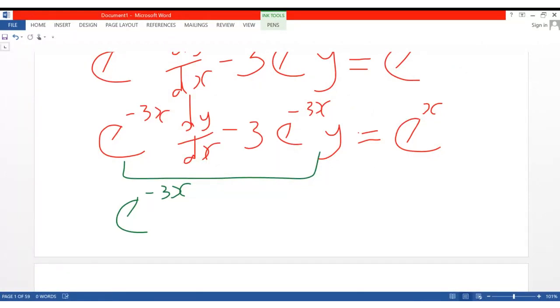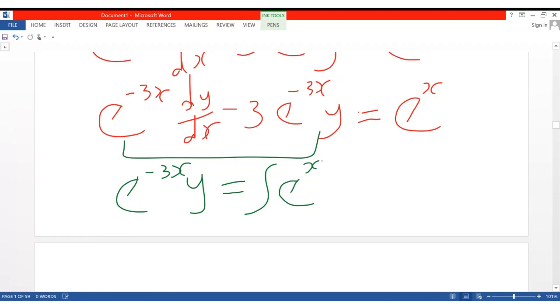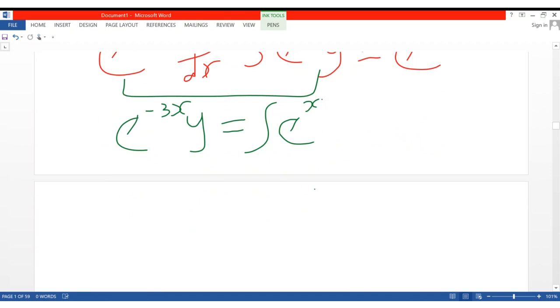Now this other side we said we integrate exponential x. So when you integrate exponential x, you get exponential -3x y equals exponential x plus c.